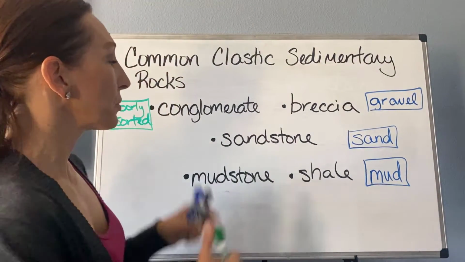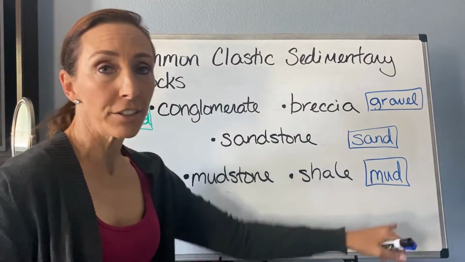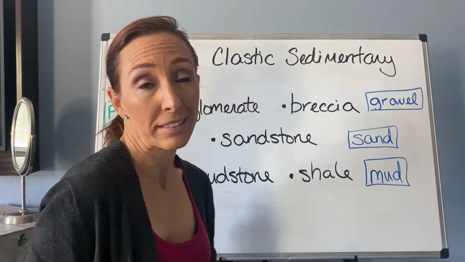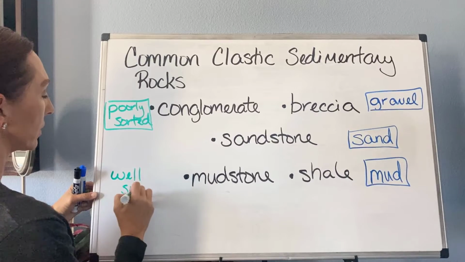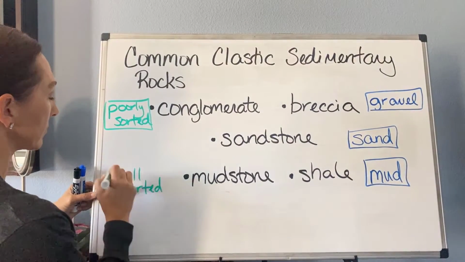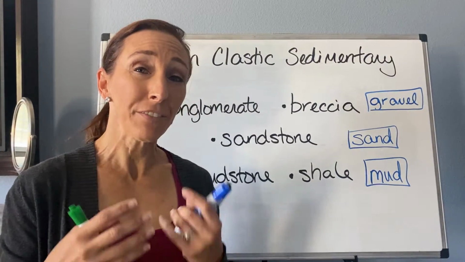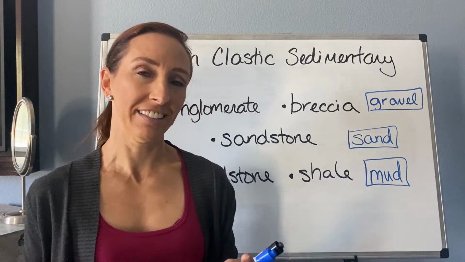And then that brings us to the other end member, which is our mudstone and our shale. By definition, because it's all mud, it has to be well sorted. It's like sorting our whites out of the laundry. So this is going to be well sorted. Now, sandstone's kind of a weird one because even though it's all sand size, we have coarse sand all the way down to fine sand.